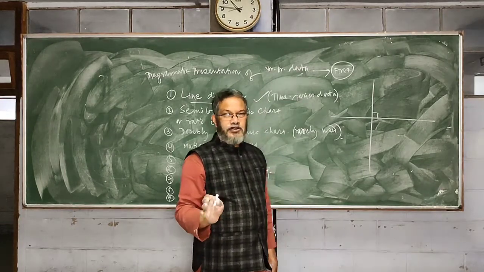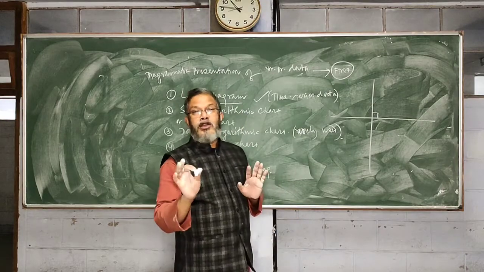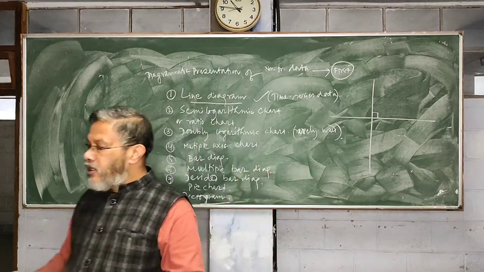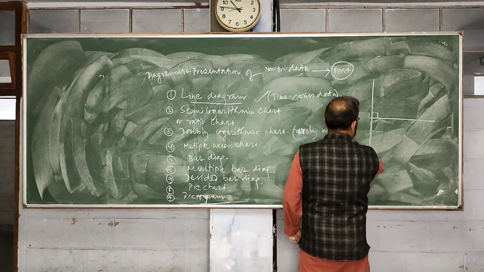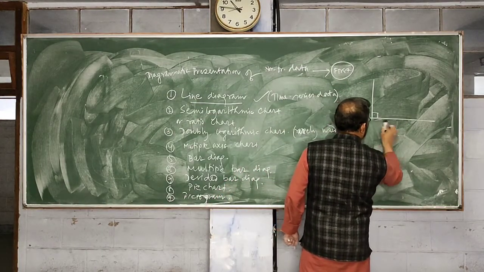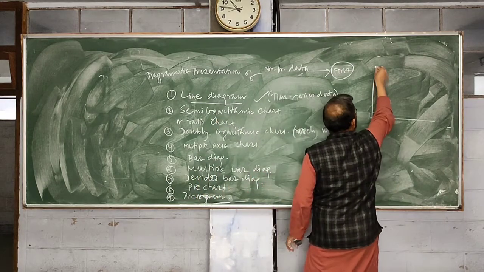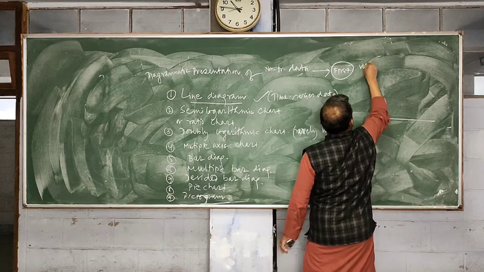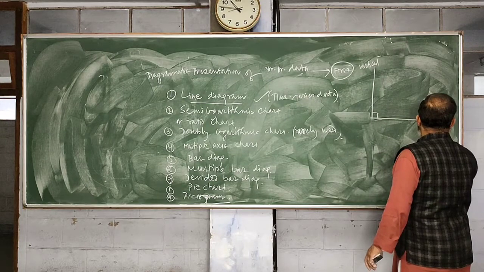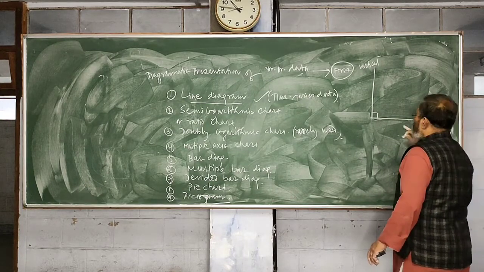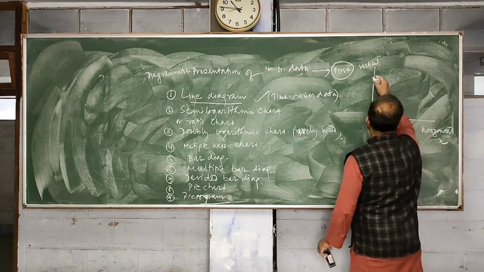Because negative values or negative time we are not taking. That's why we take only the first quadrant. This is called two rectangular axes of coordinates. One is vertical axis, and this is horizontal. Generally we say x axis and y axis.